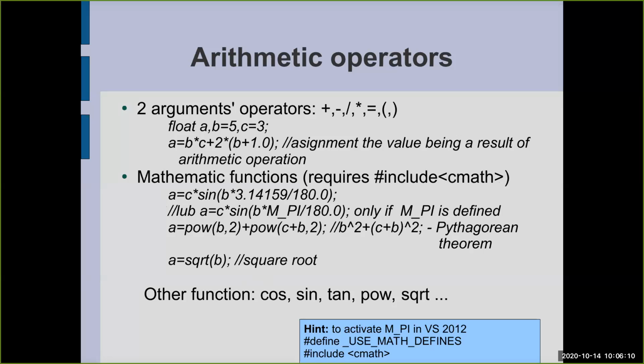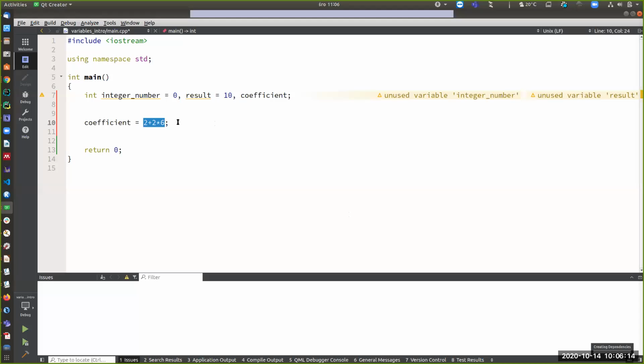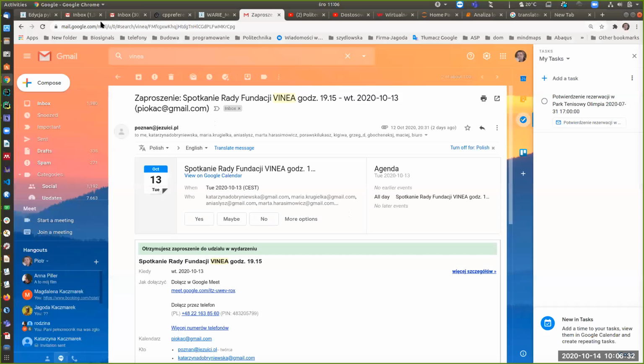So let's try to calculate. So let's assume. Okay, wait a moment. The quiz will be in 1.5 hours because today we have 2 lectures about introduction to programming.